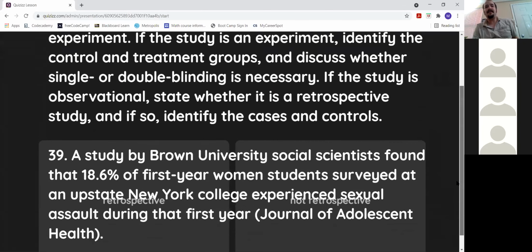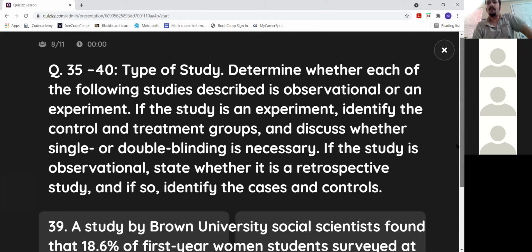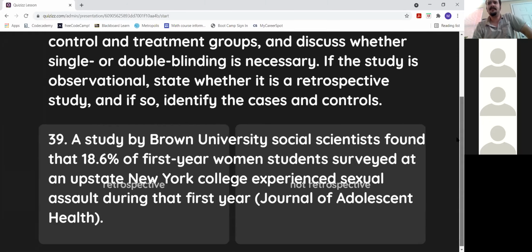And so if this is observational, is this retrospective or not retrospective? So is it dividing itself up into cases and controls? This one is a little bit difficult and it's a little weird. Because we do get different groups, but what are those groups telling us?